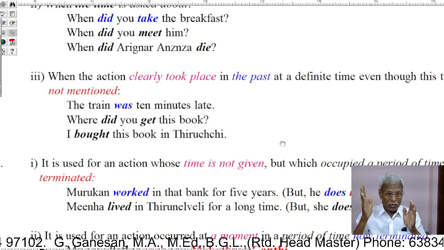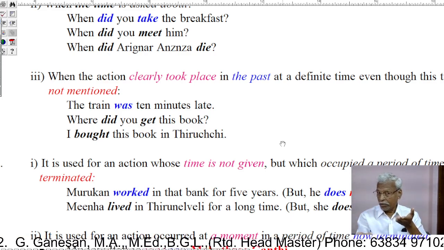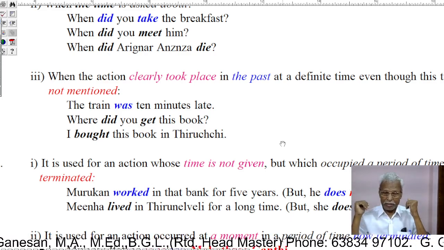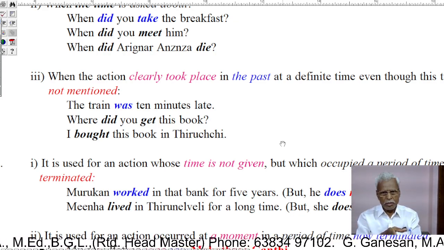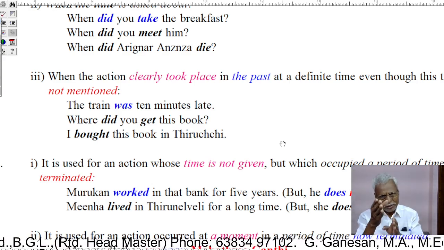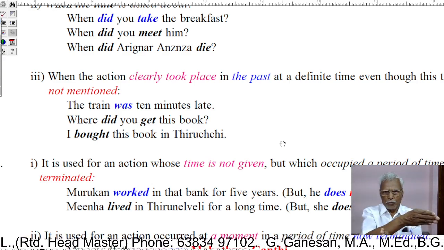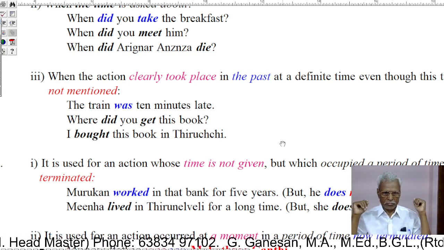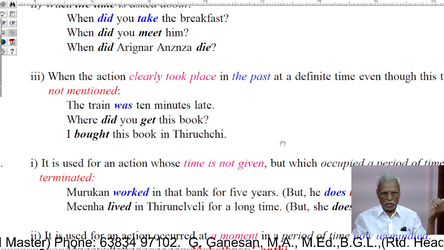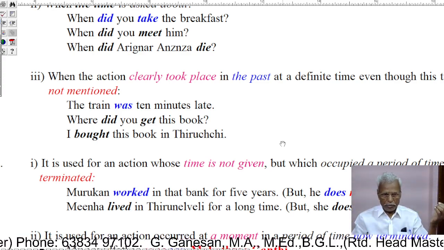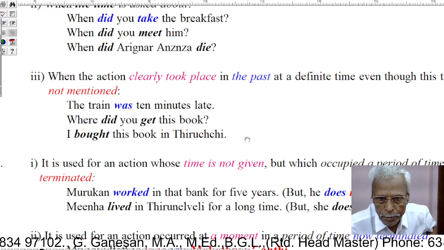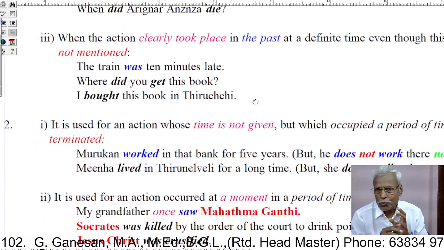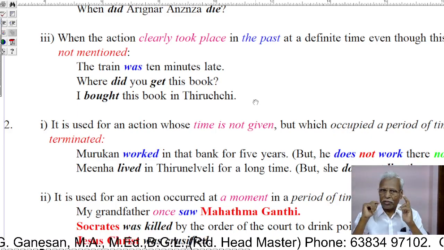Even though the time has not been mentioned here, we can use the simple past, provided we know well the time of its happening. The train was 10 minutes late. Why did you get this book? I bought this book in Trichy. Then, that is the first use with the three subdivisions.